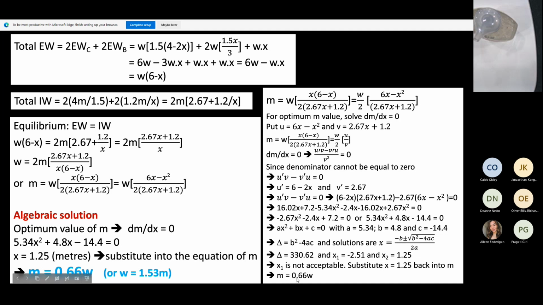M is 0.66 W. So now we have a relationship between the moment of resistance and the uniformly distributed load on the slab. Depending on the problem, if you know the load, you can deduce the moment of resistance, or as is usually the case in practice, you would know M from design.